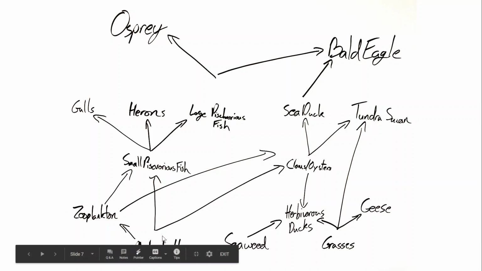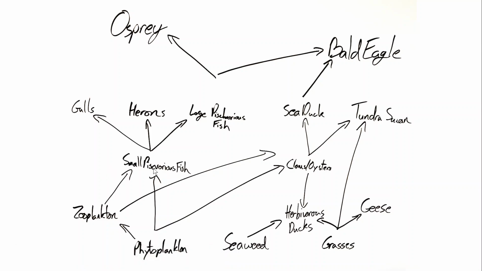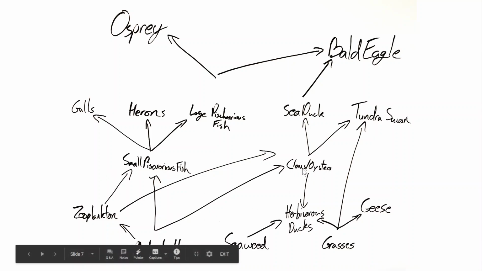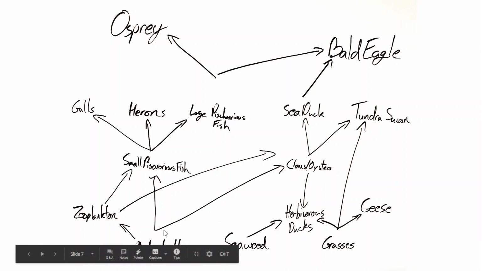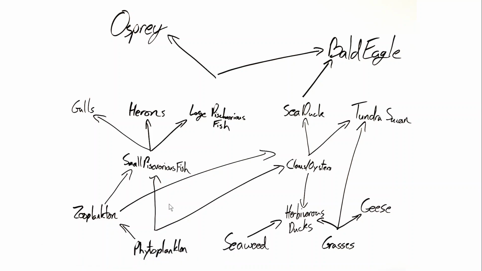So that phytoplankton gets eaten by zooplankton, small piscivorous fish, which means they're small fish that eat other fish, or clams and oysters. All right, so these arrows are showing consumption. So one thing eating another thing, and they always go from prey to predator. All right, or if you have an autotroph going to a heterotroph.